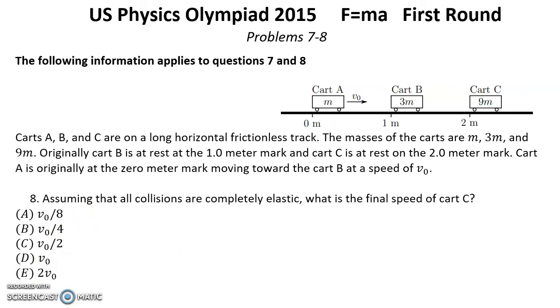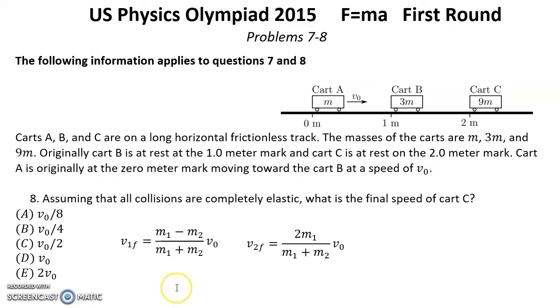Question 8. Assuming that all collisions are completely elastic, what is the final speed of cart C? Solution. Here we can use the standard result for the case when one cart is moving and the other is not moving, which is this one.